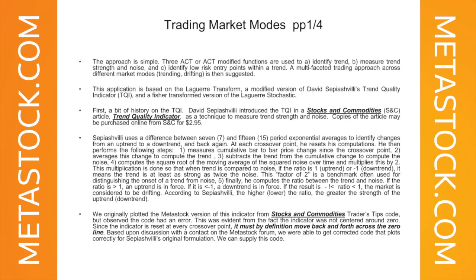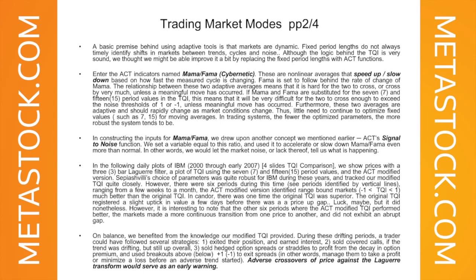And if I go back to slide 1 on this, where I talk about David Sepiashvili's approach versus our modification to it, really all that we did is used his same approach that's described here, and then over here on the next page we describe how we replace those with adaptive nonlinear functions driven out of some of Ehlers' research.